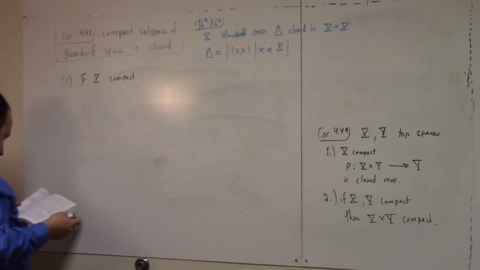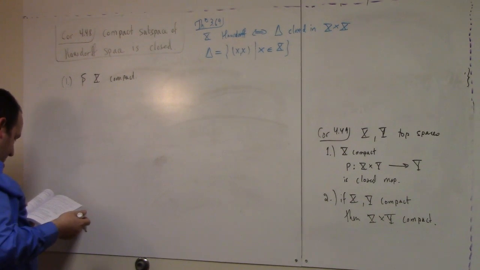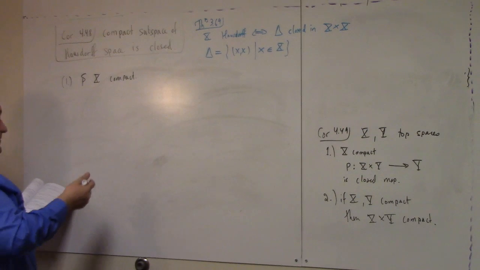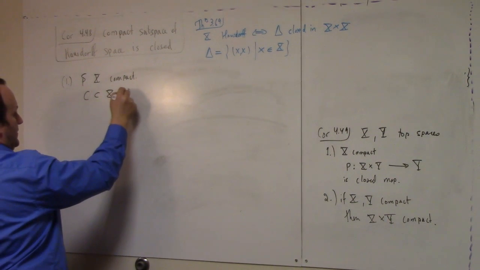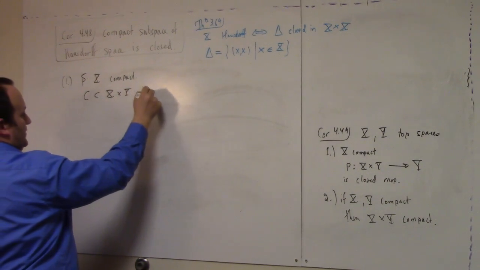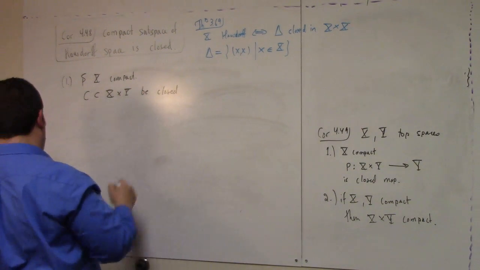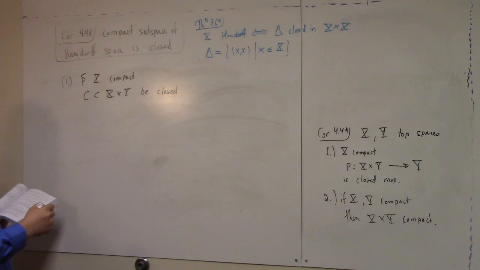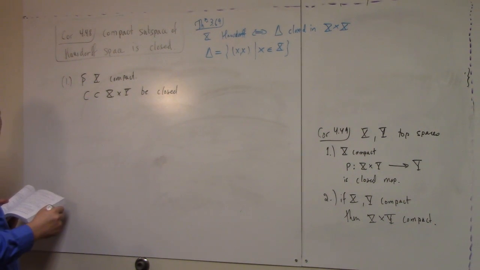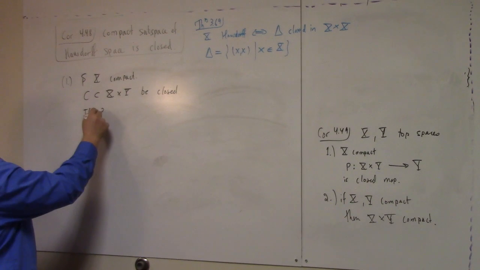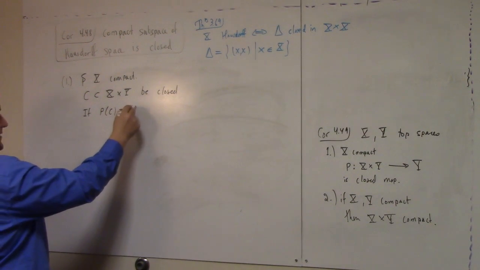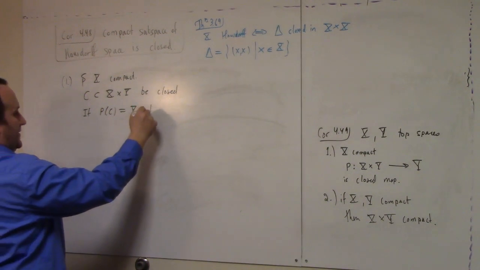And then we let C, a subset of X cross Y, be closed. So what he says is if P of C is equal to Y, then we're done.